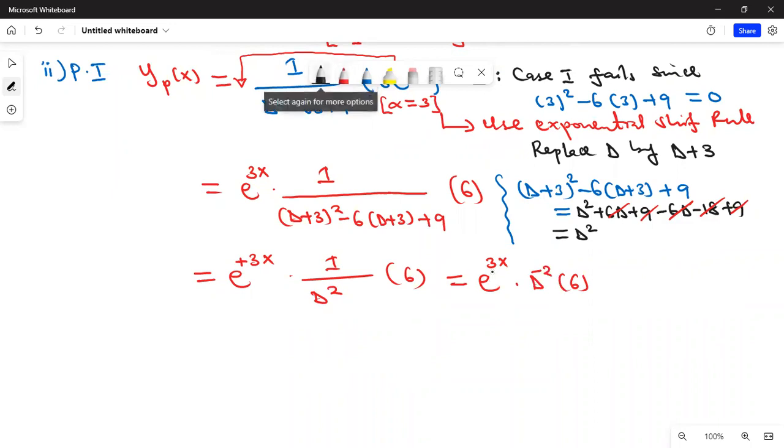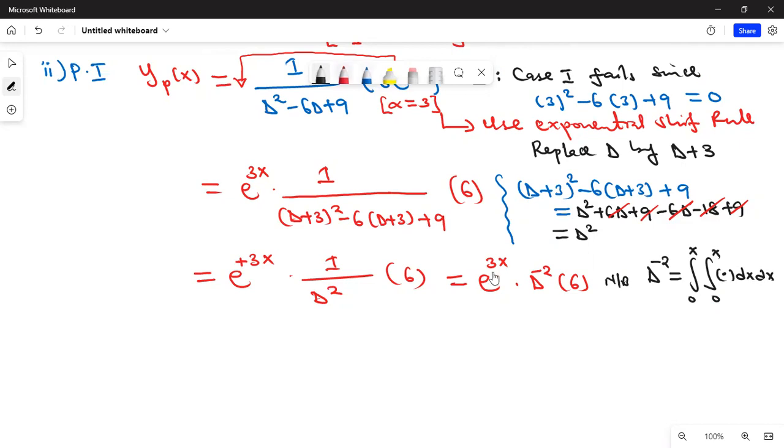So you can take note that d raised to negative 2 is simply the double integral 0 to x, 0 to x of whatever you have there with respect to x. Integrate whatever you have there twice.